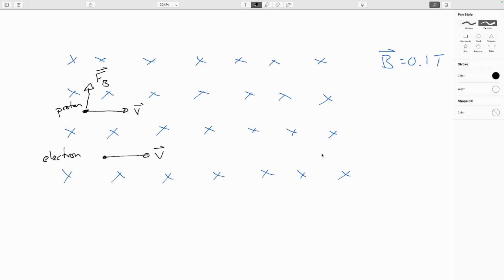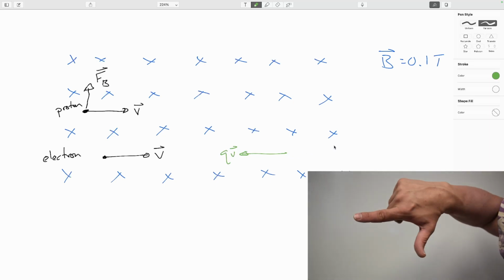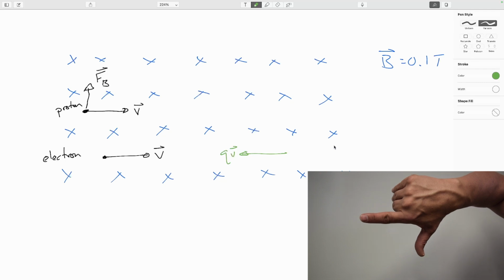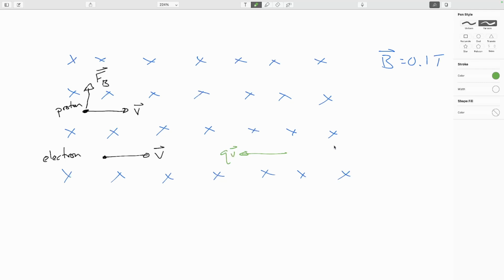Okay, so now here, because it's an electron, V is pointing to the right, but that means Q times V would be pointing to the left. So we would be pointing our index finger to the left. Then you rotate your hand around your index finger until the field fingers point into the screen.